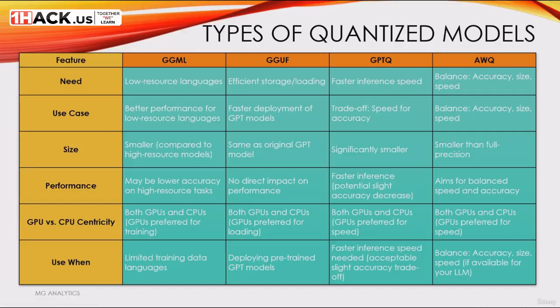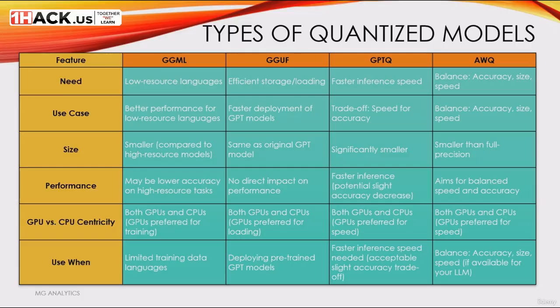So let us read through this. The first one is the GGML model. GGML is basically a general purpose generative model for low resource languages. So this is basically a low resource model for low resource languages.